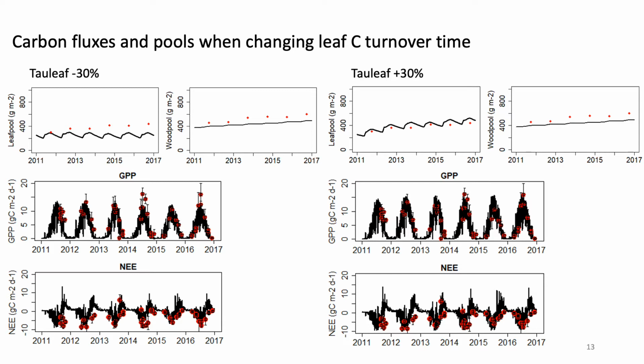In the first subfigure, the steady state of leaf pool is about 350 shown on the figure, and then when we increase the turnover time of leaf pool, we can see the steady state of leaf pool carbon content is as large as about 450 gram carbon per square meter.